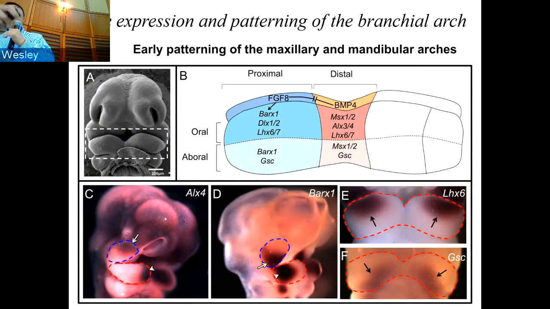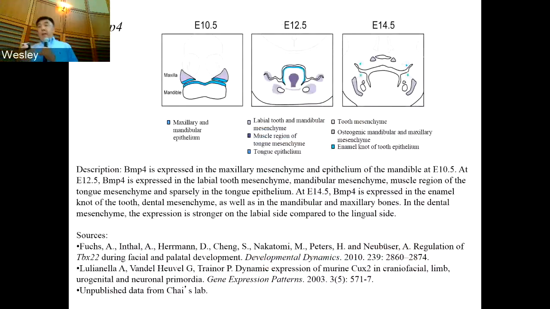We can clearly separate the mandible into the distal region and the proximal region, and then divide this into the oral and aboral. And these are the different genes expressed in the different domains. That gives you an idea of how the genetic blueprint, if you will, helps to set up this type of development.